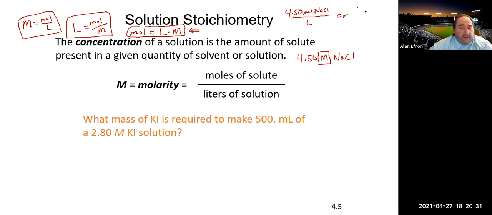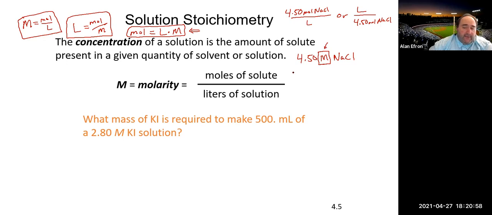We could also use it like a conversion factor. We could flip it around, do a little dimensional analysis, and go 1 liter on top is 4.5 moles of sodium chloride. So sometimes it's good to use molarity like a conversion factor, watching the units cancel out. Why do I say it's a really good idea to get rid of the big M?